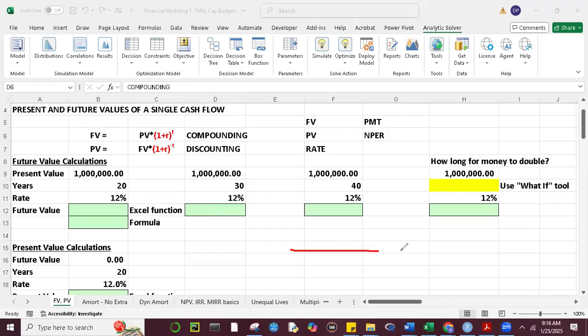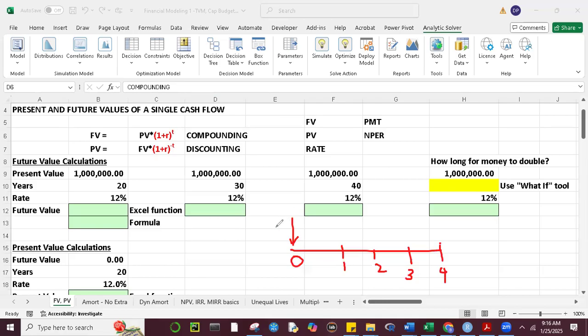So for example, if you were to put money now, at time zero, then 1, 2, 3, 4. I'm discussing the concept of the time value of money.